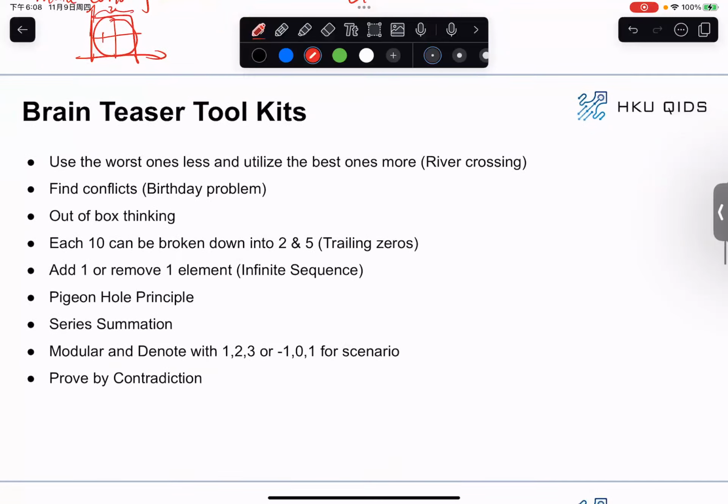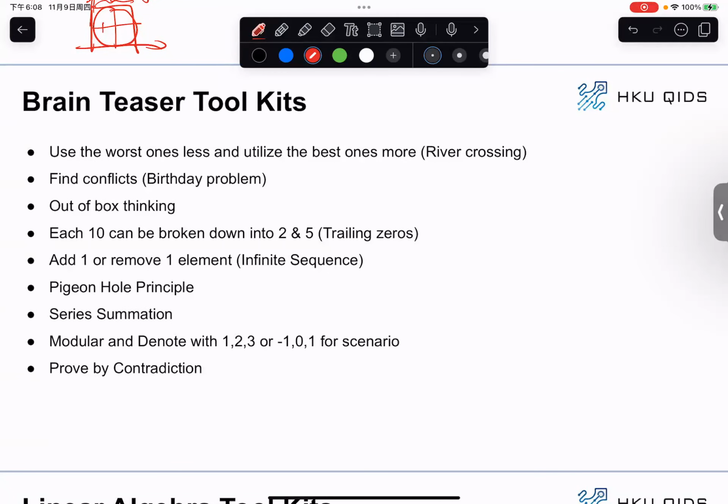Now let's come to the techniques for specific chapters. For brain teasers, one thing is that we need to use the worst ones less and utilize the best ones more than once, for example, the river crossing problem. The second thing is that we need to find conflicts, which means we try to prove something by showing that they have a conflict and should not both stand.